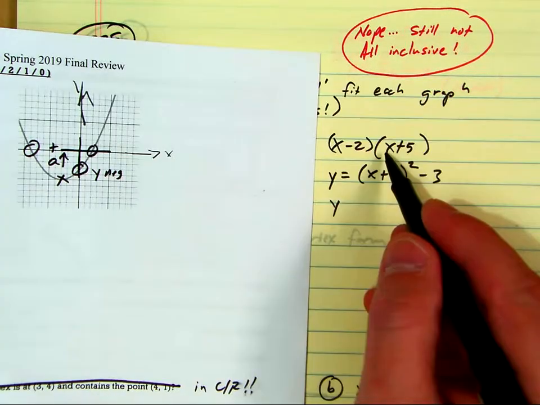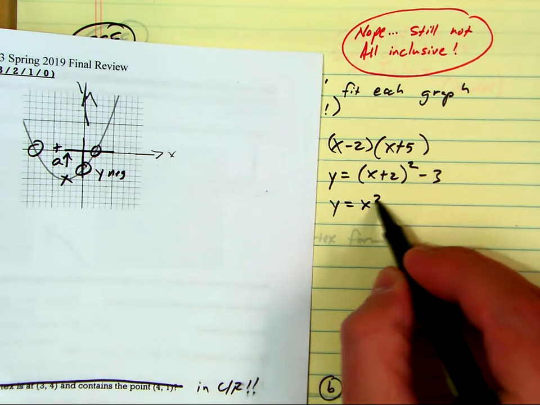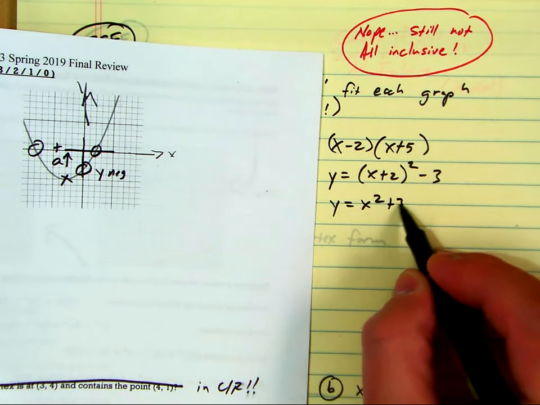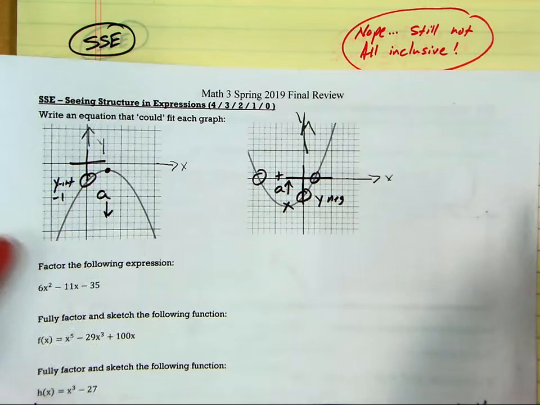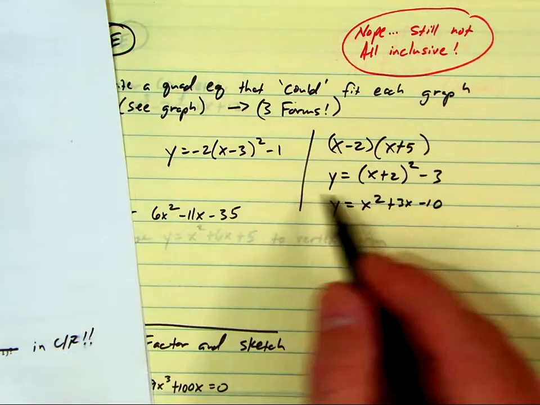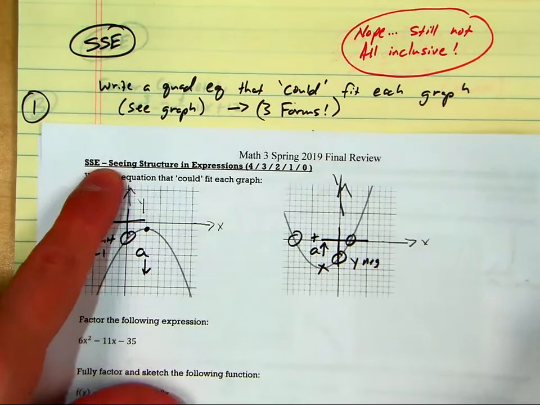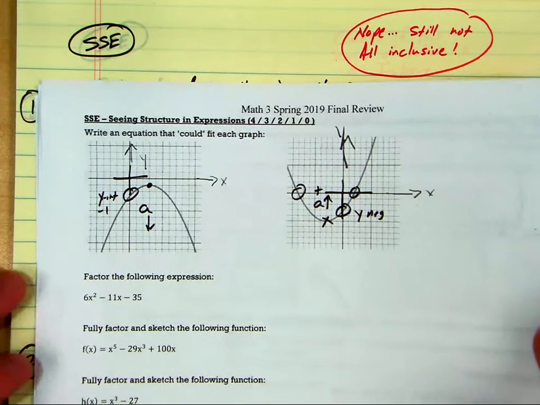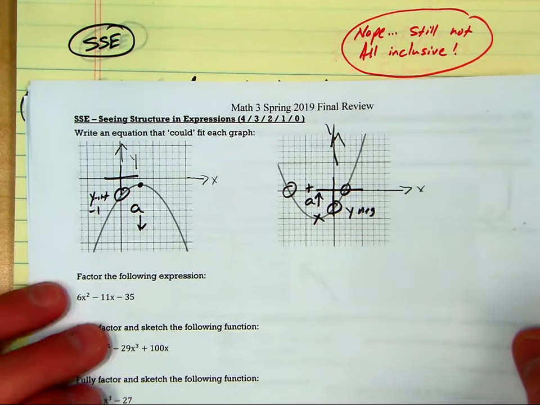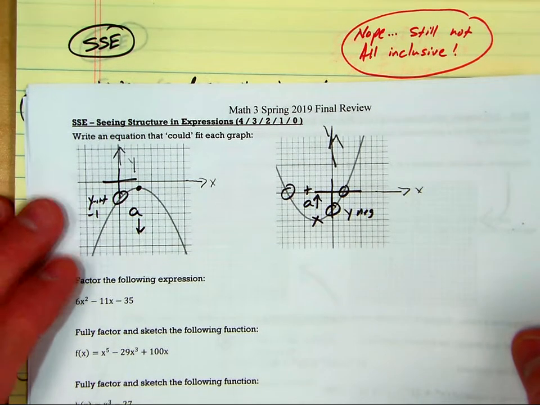Why don't we just make it this one right here? x squared plus 3x minus 10. Okay? So just being able to analyze a graph and come up with possible quadratics is part of seeing structure. Any questions on that? There's a lot more analysis you can do looking at the old notes and looking at the old spot checks, but I leave that up to you. This is just a review.